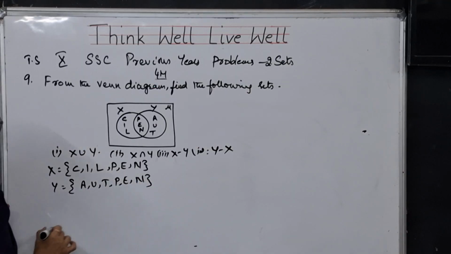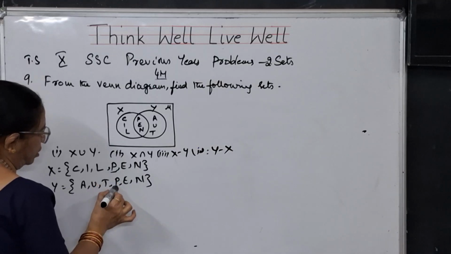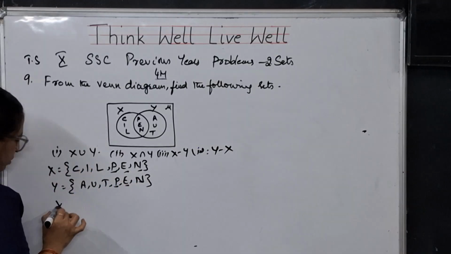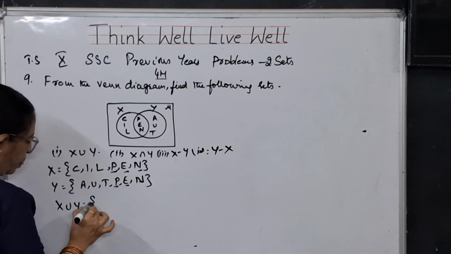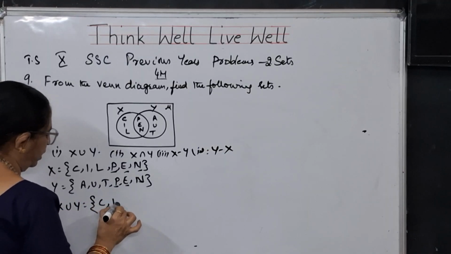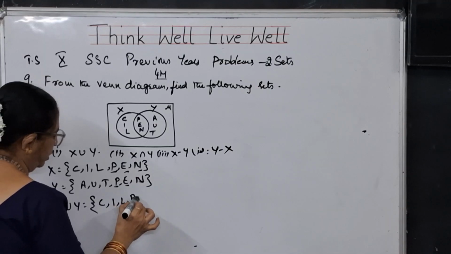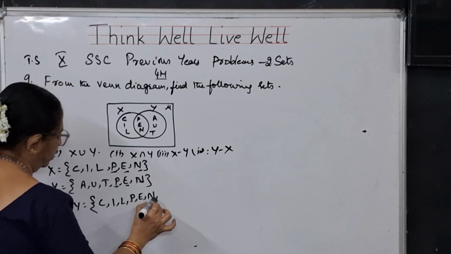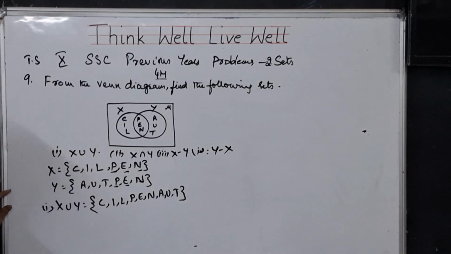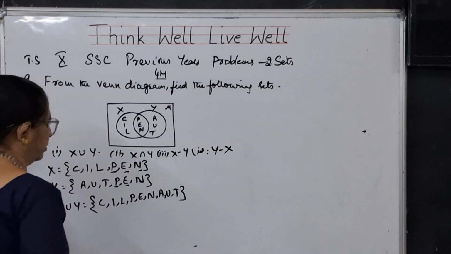Now the question is, what are the common elements, children? P, E, N are common. So first one, X union Y. X union Y means C, I, L, P, E, N, A, U, T. Repeated ones, you will write only once. So this is the first bit.